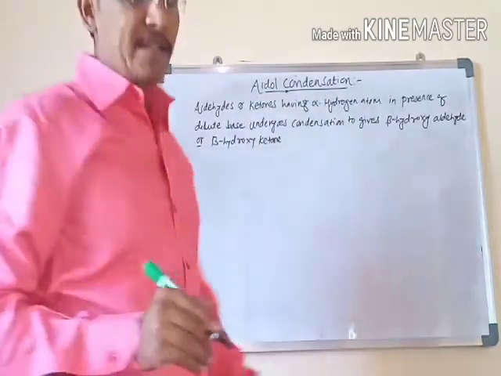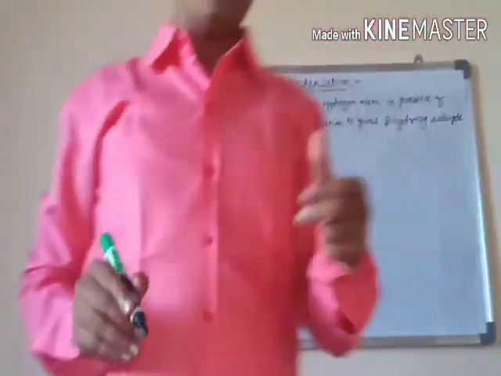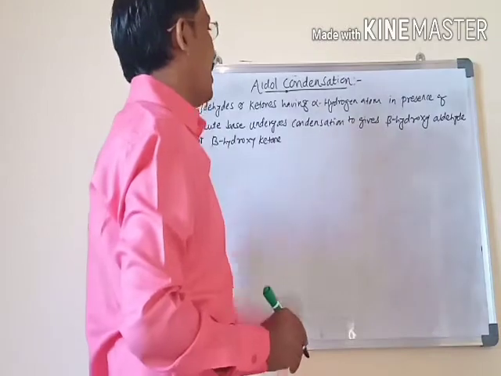Beta hydroxyaldehydes are known as aldols and beta hydroxy ketones are known as ketols.